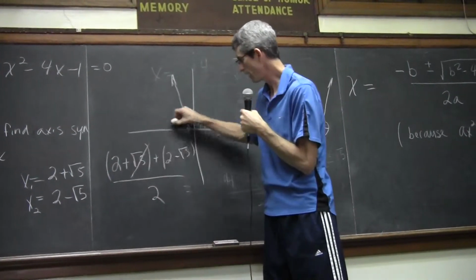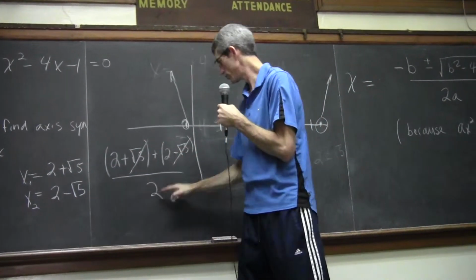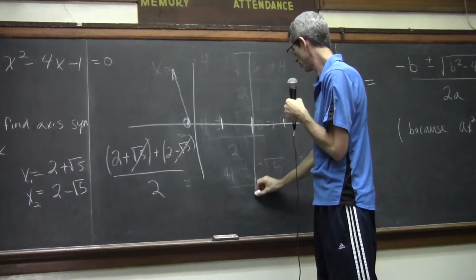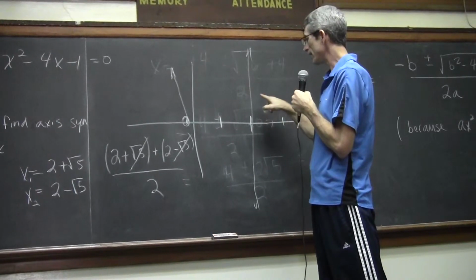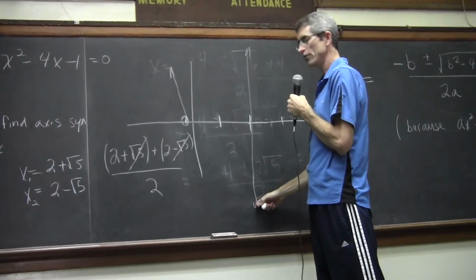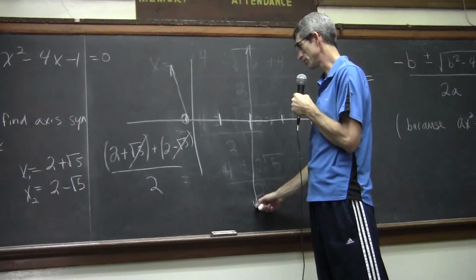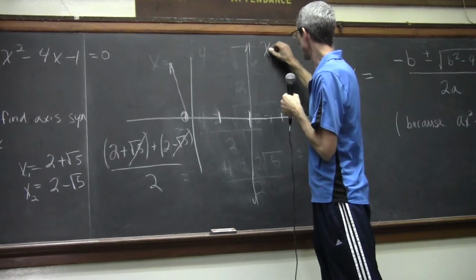And luckily, the square roots of 5 cancel. I have 2 plus 2 is 4, 4 divided by 2 is 2. The middle point is right down the middle. That's going to be my axis of symmetry. It's also going to be the x value of my vertex, right? Because the vertex lives on the axis of symmetry. So I know that the axis of symmetry is x equals 2.